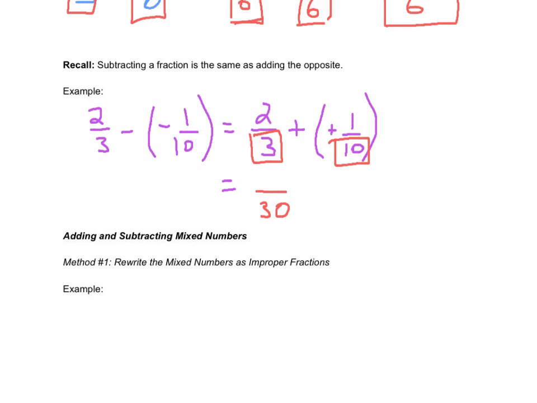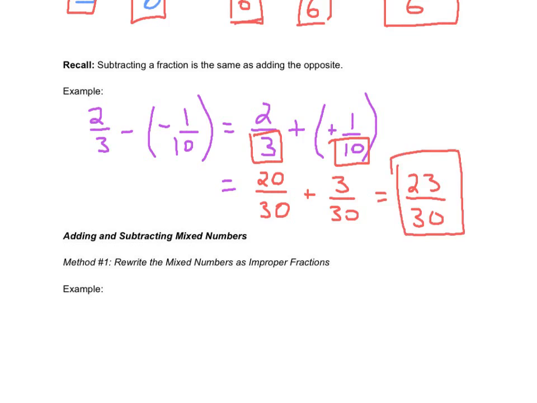Therefore, we multiply the top by 10 too: 20 out of 30 plus 3 out of 30 is going to equal 23 out of 30. So you see how we were able to solve this original problem that maybe looks a little confusing with all these negative signs. It makes it much easier if we just switch it so that the subtraction of the fraction becomes an addition of a fraction by adding the opposite.